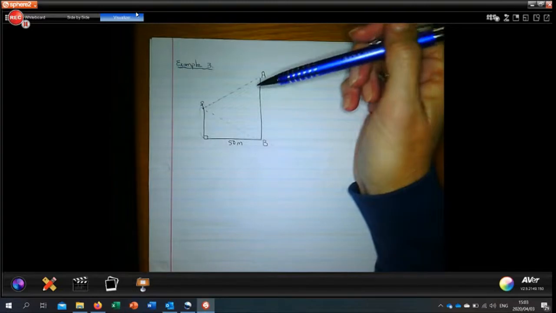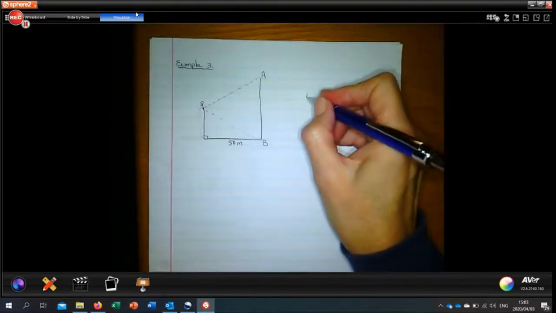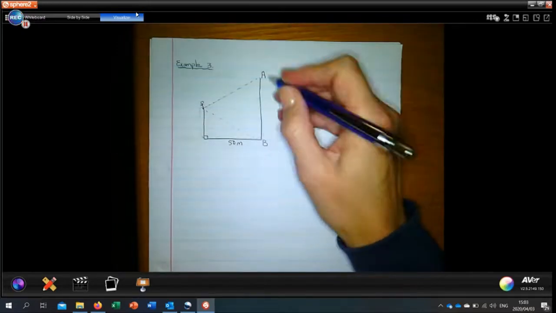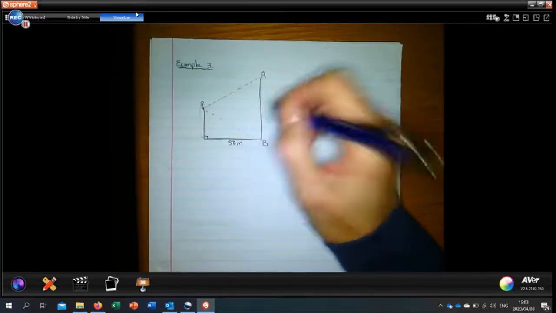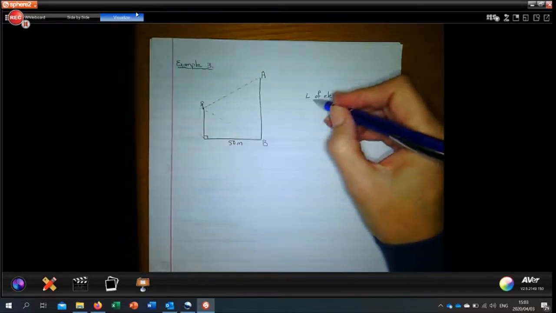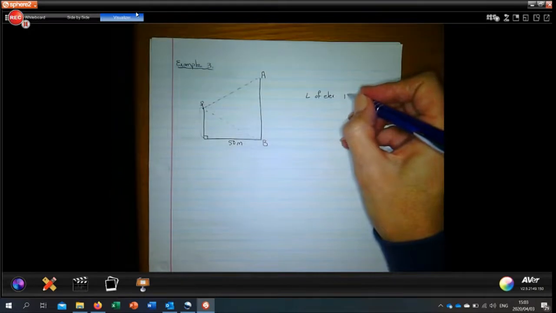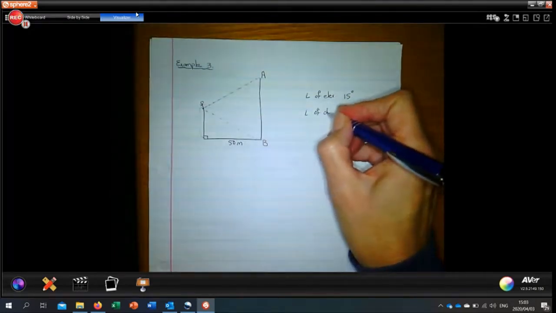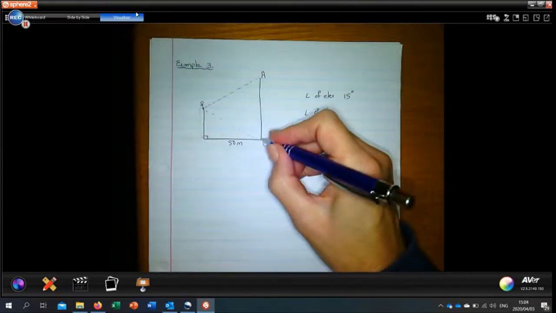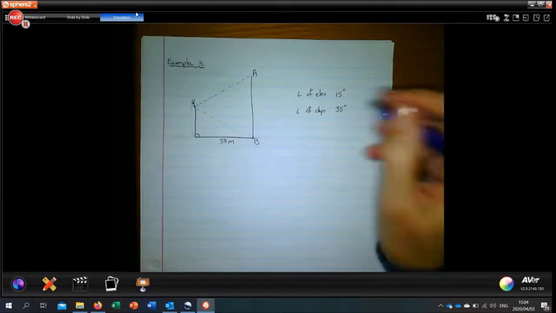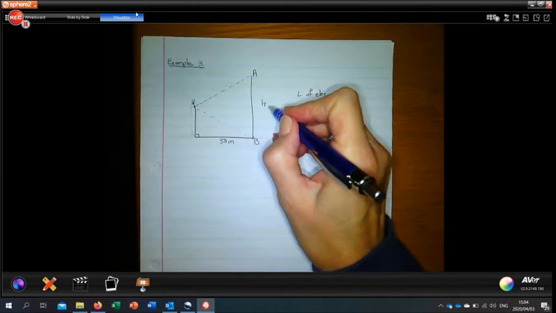And now I'm going to give you information. I'm going to tell you the angle of elevation to the top of this. Let's make this AB a tower. The angle of elevation to the top of the tower is 15 degrees. And the angle of depression to the bottom of this building is, let's say, 35 degrees. My question is, what is the height of this tower?